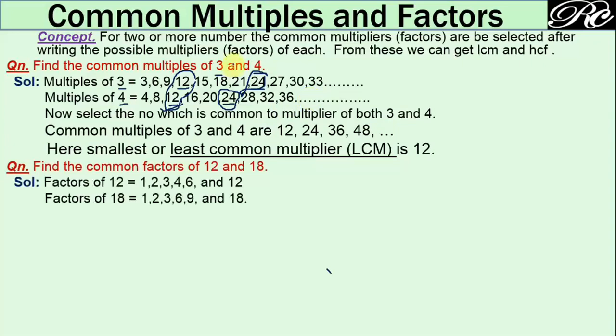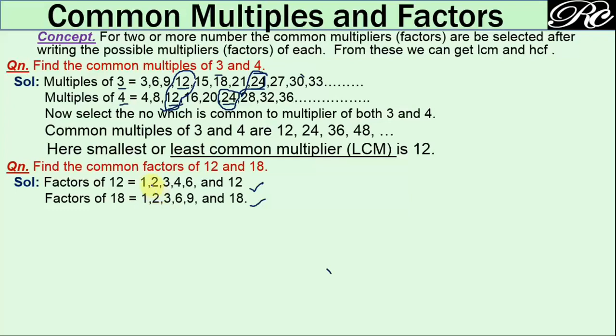The next question is to get the common factors of 12 and 18. For that, we shall write the factors of 12, then of 18. The factors of 12 are 1, 2, 3, 4, 6 and 12, and the factors of 18 are 1, 2, 3, 6, 9 and 18.